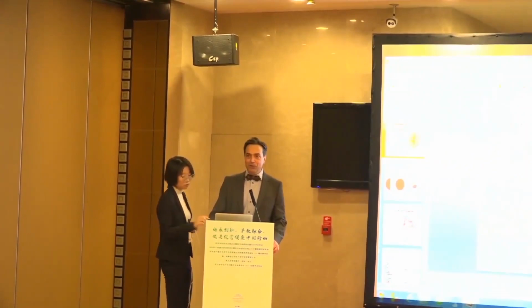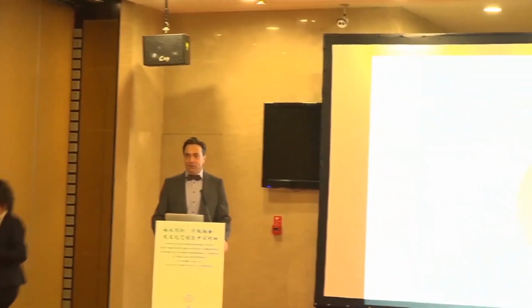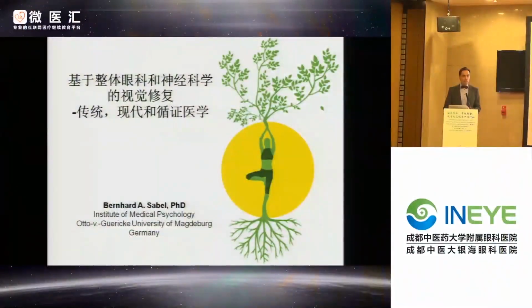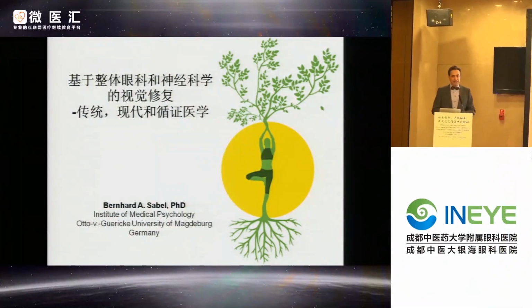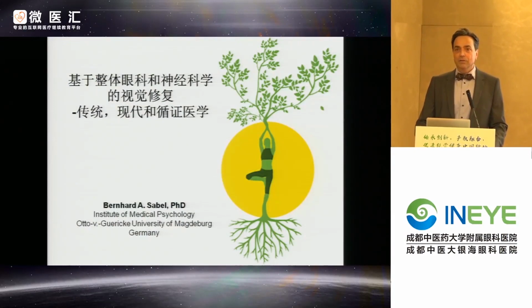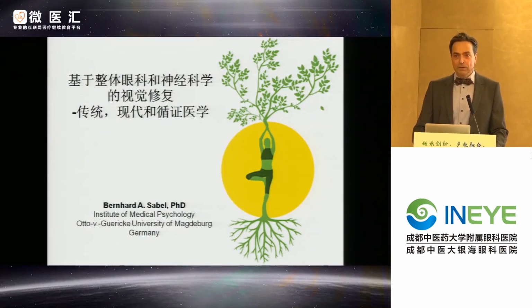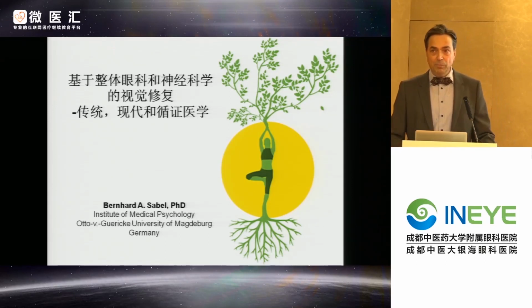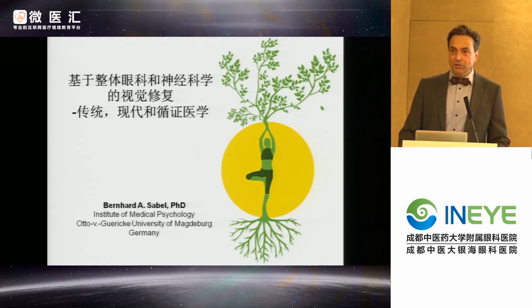I'm sorry I cannot speak Chinese, but the presentation is in Chinese, so I hope that I can walk you through an interesting story concerning the plasticity of the visual system and vision restoration, and especially what it has to do with a more holistic view of losing vision and regaining vision again, based on the ancient techniques and also on modern neuroscience techniques.